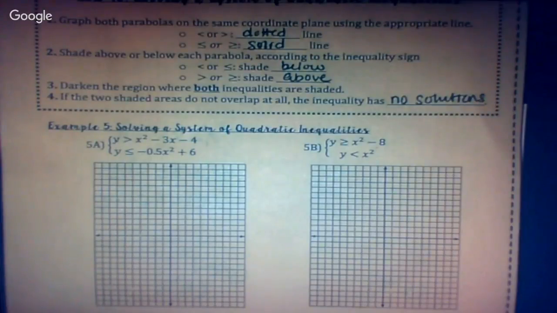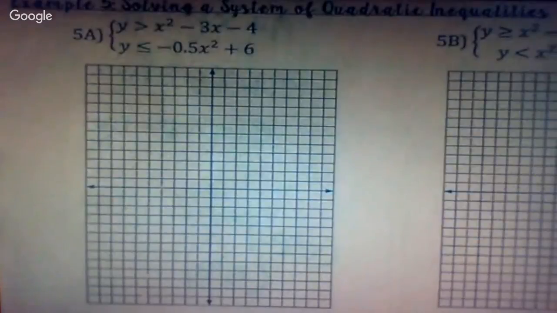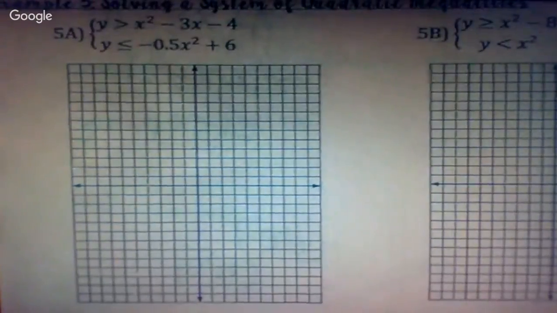So example number 5, you still need to make sure that your equations are set to y first before we can do anything. Are both of my equations set to y for 5a? Yes. Okay, so go ahead into y equals and plug these two equations in.